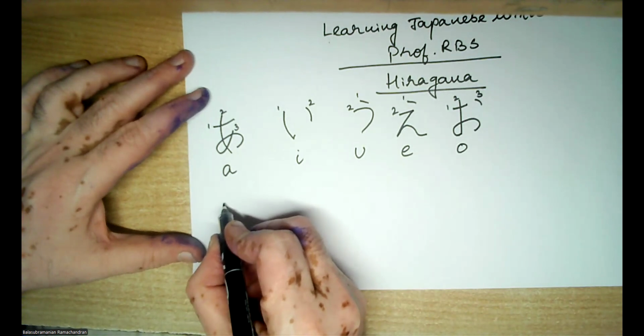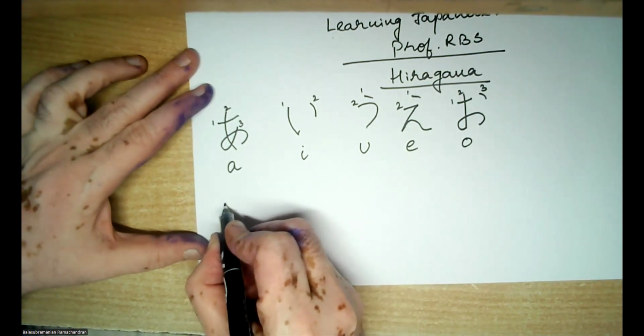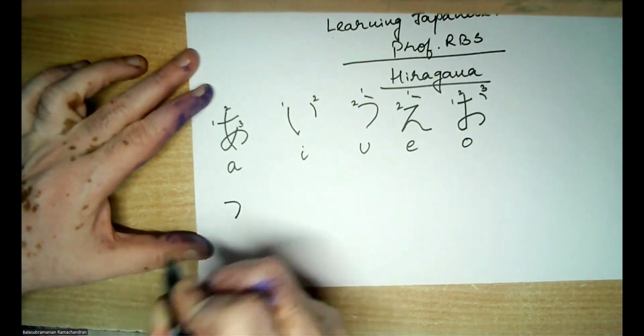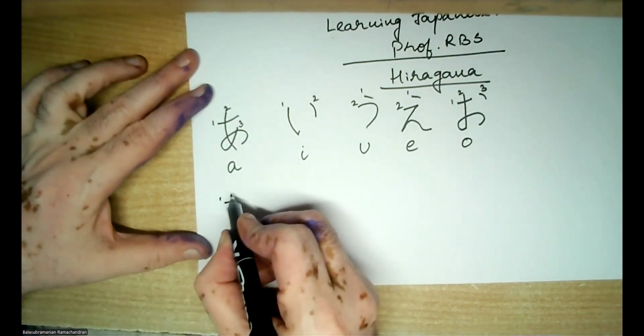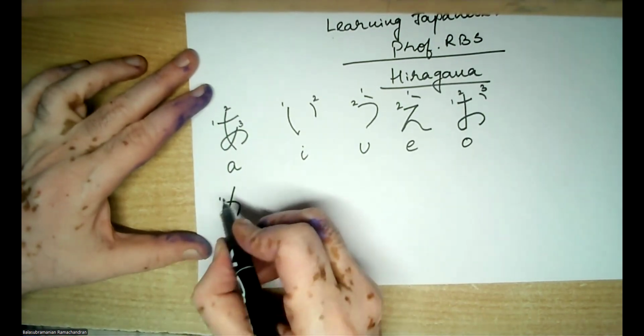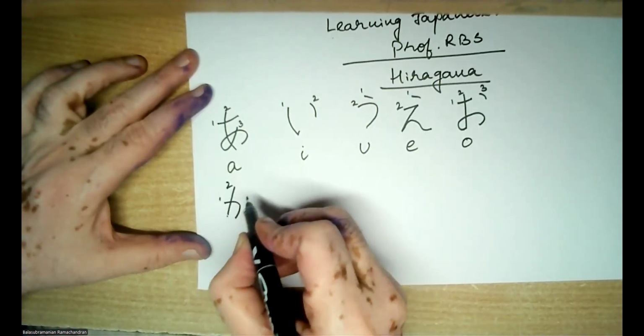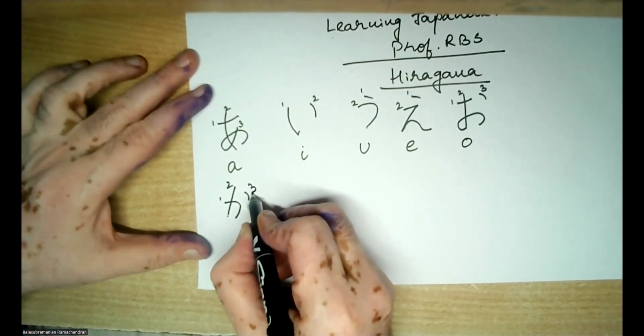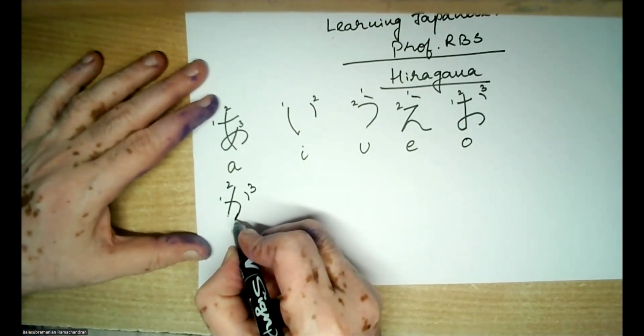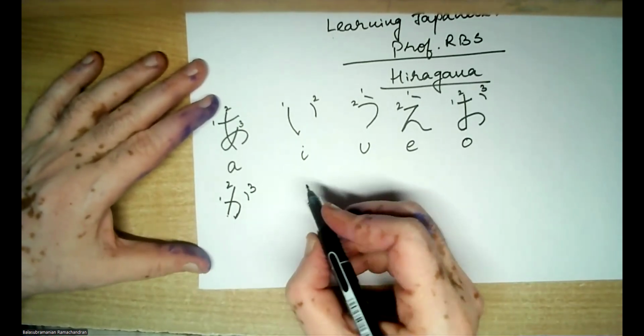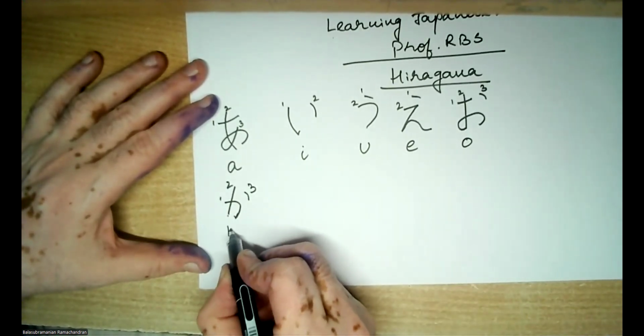So you have Ka, stroke 1, stroke 2, and stroke 3. So it's written like this. This is Ka.